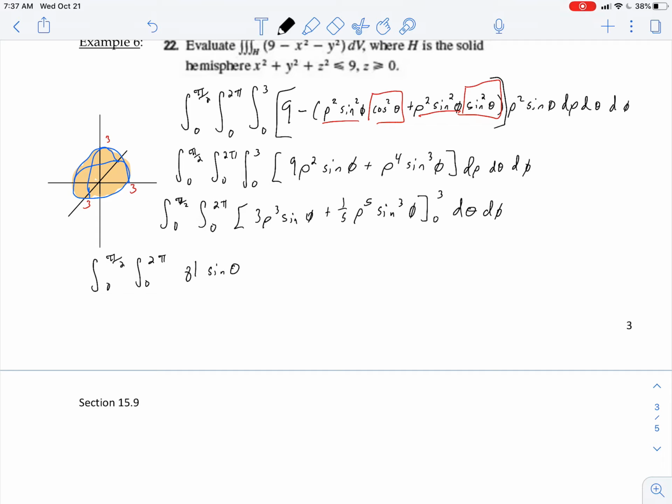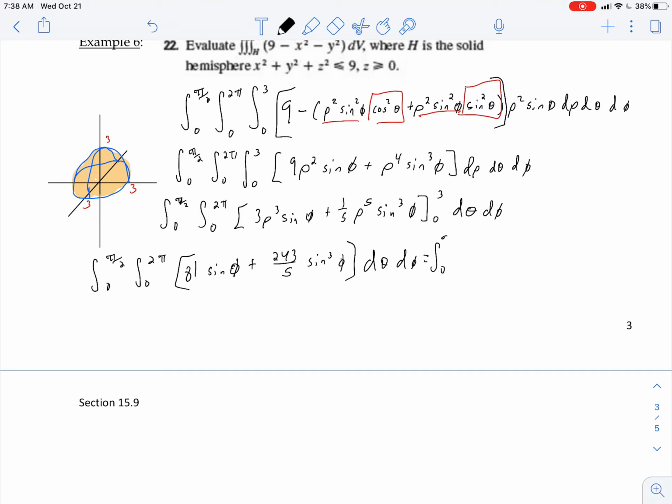So we're going to have 0 to pi over 2, 0 to 2 pi, 81 sine phi plus, put the 3 in there, 3 to the 5th power is 81 times 3, 243 over 5, sine cubed phi d theta d phi.